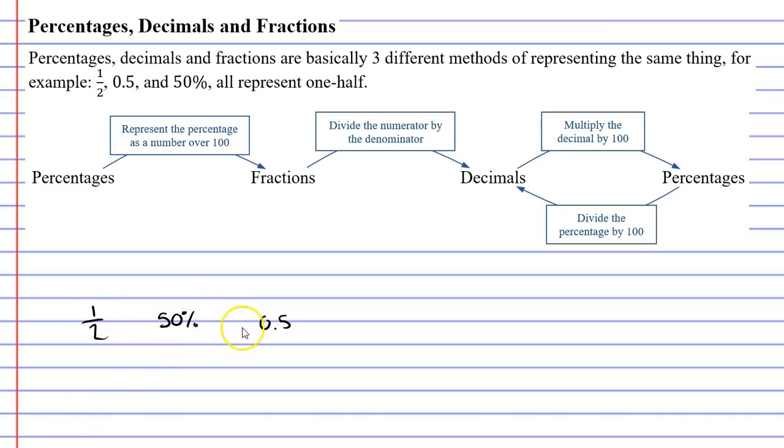So if these three basically all represent the same thing, why is it that we need three different methods to express the same thing? It seems counterproductive, right? Well, each method actually has its place. For example, percentages are really good at making something more visual. And I'll give you an example of that.